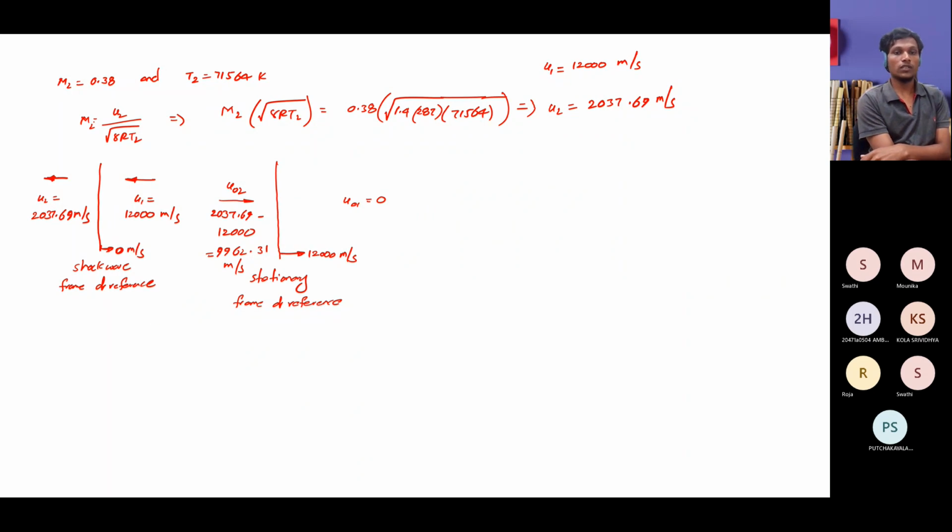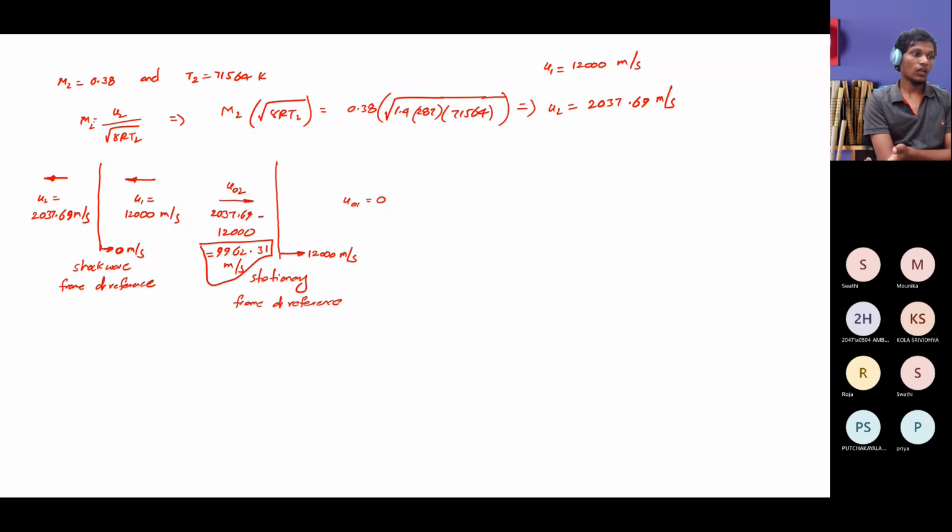Got it? Since this is in a relative sense, we cannot judge the properties directly. We still need to calculate T02 and T01 based upon this 9,962 instead of this 2,037. That is what they ask in the question.